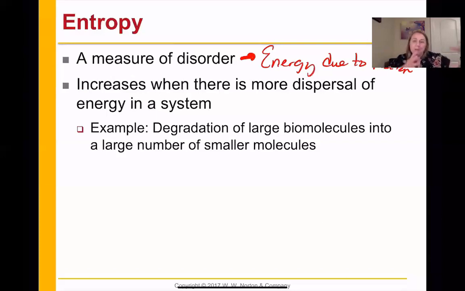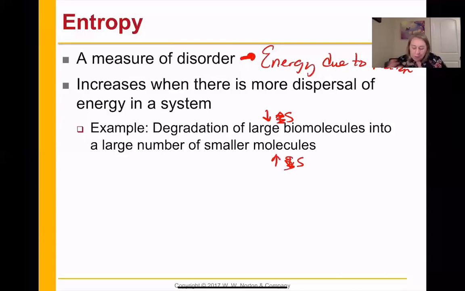So if you have some really big biomolecules and you start breaking them down into smaller and smaller molecules, you're going to end up with more movement, more energy, and so that's a dispersal of that energy. So degradation from large to small: large biomolecules will have a low disorder, these will have a high disorder, right?